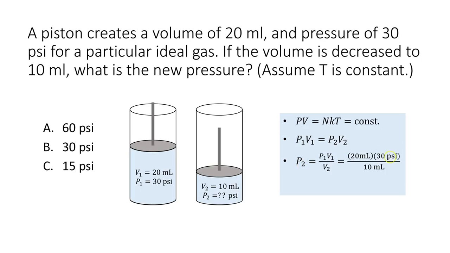Same would be true when converting between pressures. You would have the same conversion factor for the pressure on the left-hand side as for the pressure on the right-hand side, and so those conversion factors all just cancel out. And so what that means here is you can just leave things in terms of milliliters and psi, and you should find that P2 is equal to 60 psi, or in other words, answer A here.